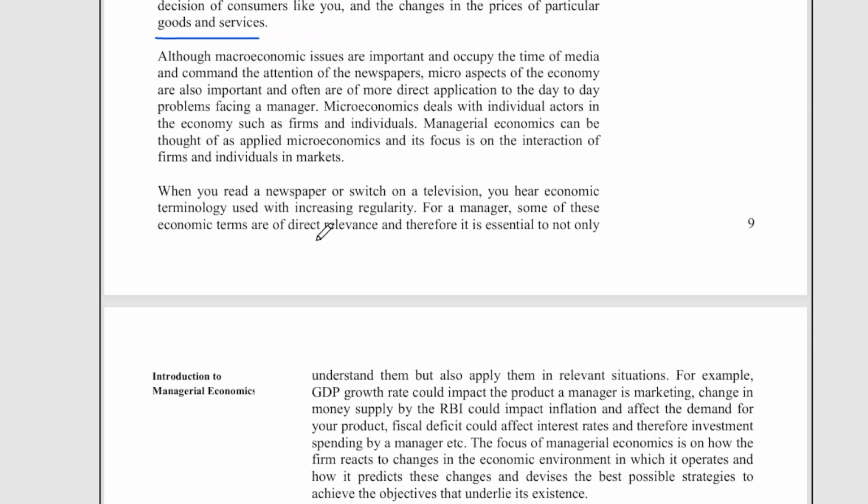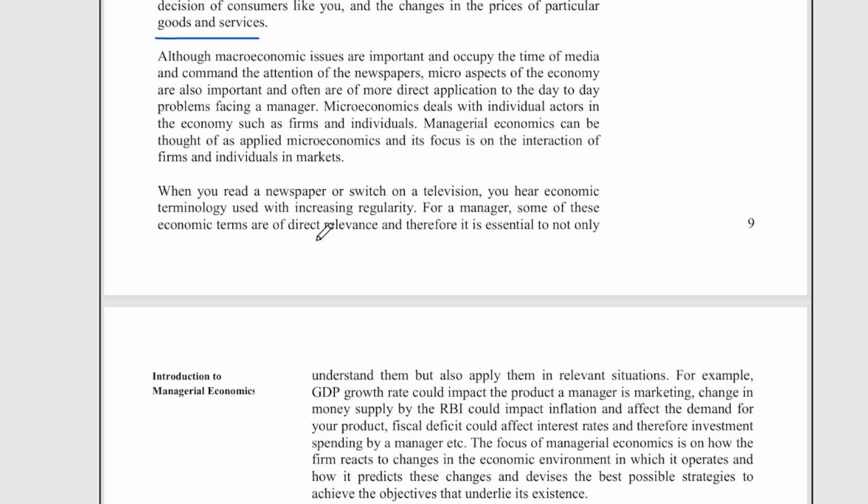Although macroeconomic issues are important and occupy the time of media and command the attention of the newspapers, micro aspects of the economy are also important and often are of more direct application to the day to day problems facing a manager. And microeconomics deals with the individual actors in the economy such as firms and individuals.